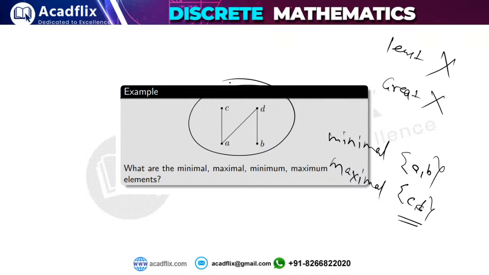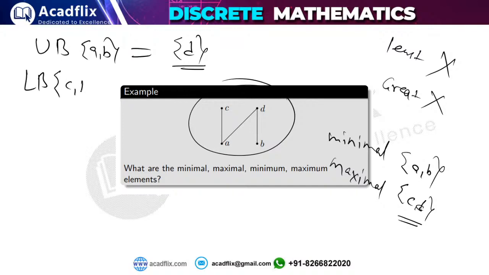If you find the upper bound of A comma B, that will be D. If you find the lower bound of C comma D, that will be A. So all these concepts we have seen.